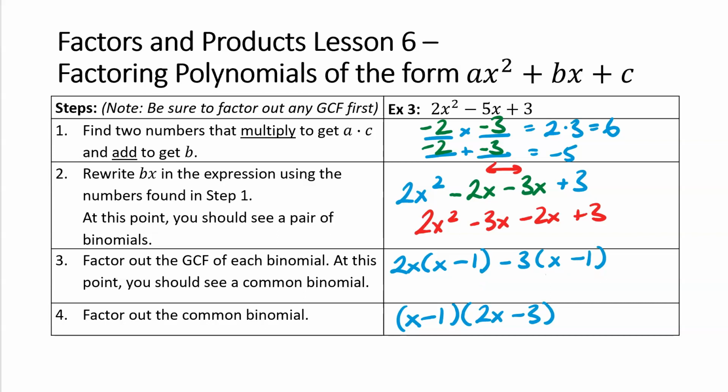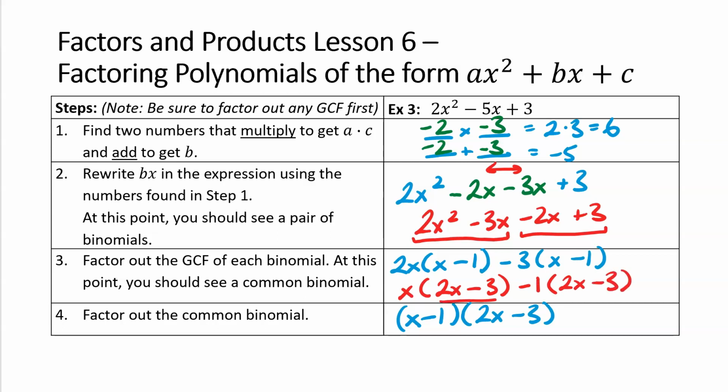At this step, what did we do? We looked for a pair of binomials, and we're going to factor out the greatest common factor of each. For the 2x squared minus 3x, we can factor out x, and then we'll have 2x minus 3 in brackets. For the next pair, factor out a negative 1, and then you'll have 2x minus 3 in your other set of brackets.